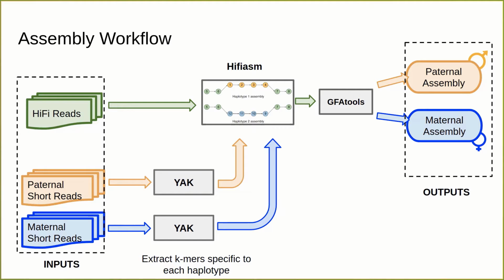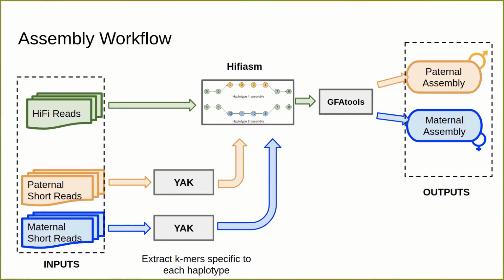After running Yak once for each parental short read, we give the output of Yak along with the HiFi reads to hifiasm, and hifiasm will produce a haplotype-resolved assembly graph in GFA format, and then we will pass those GFA files to gfatools, and it will produce a linear version of assemblies in FASTA format. So that was a brief description of the hifiasm pipeline, the assembly pipeline.